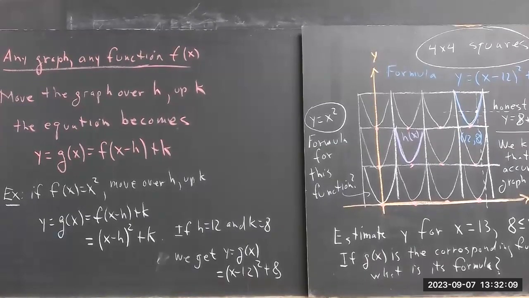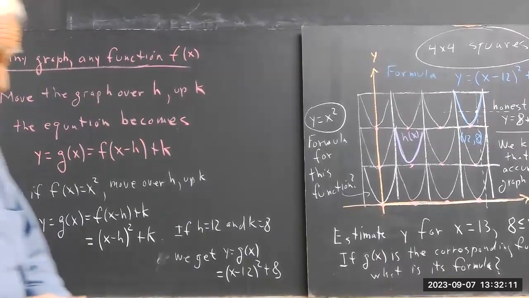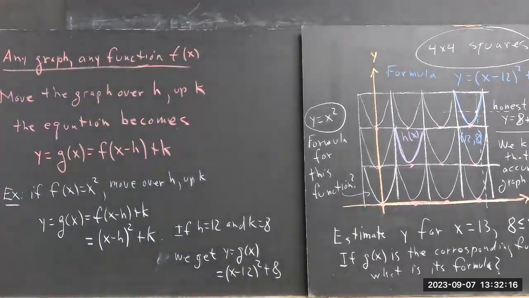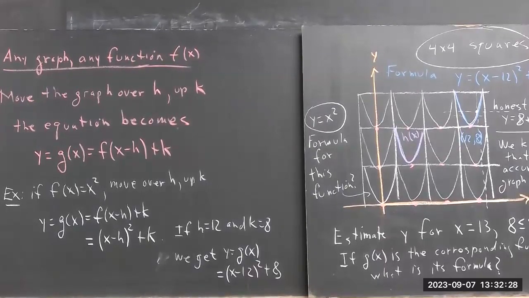That formula is a big deal, and there are a couple more formulas. I want you to understand that one, and I'll give you some problems to think about. They should be posted tonight, where you explain a few things to yourself and to me.